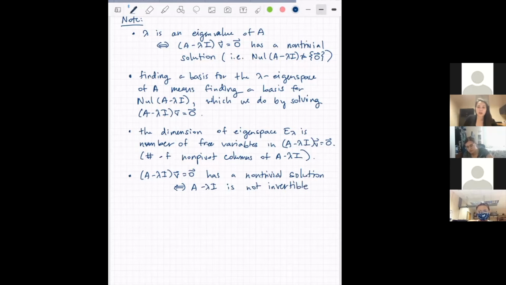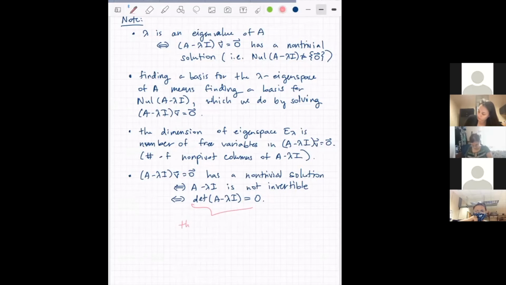So we're using parts of the invertible matrix theorem right now. And this is true if and only if the determinant of A minus lambda I is equal to 0, right? Remember that if the determinant is equal to 0, the matrix is not invertible. And so this last formulation is actually what we will use to find eigenvalues of A.